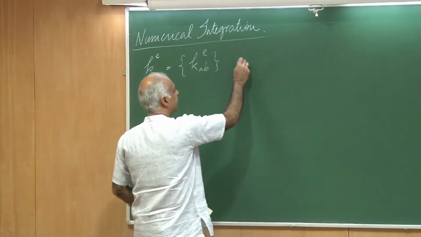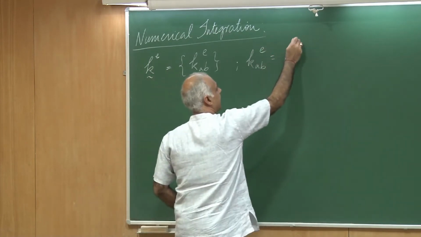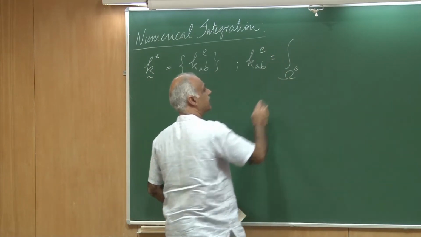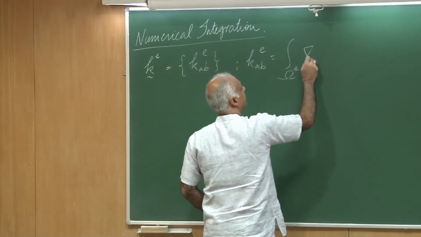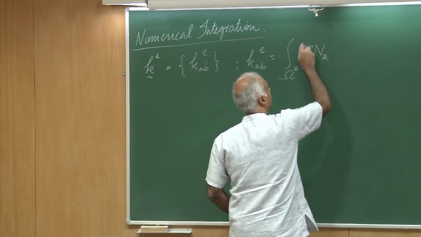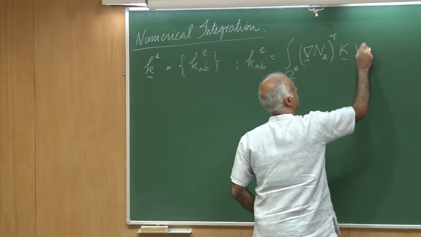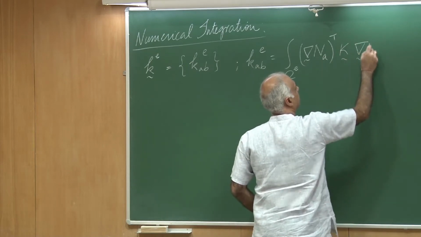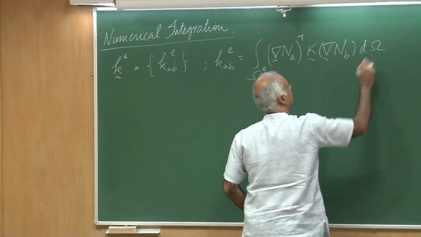And if you recollect, for the toy problem, K_AB^e was given as an integral over the domain omega e. Then we had the gradient of Na transpose K gradient of Nb d omega.